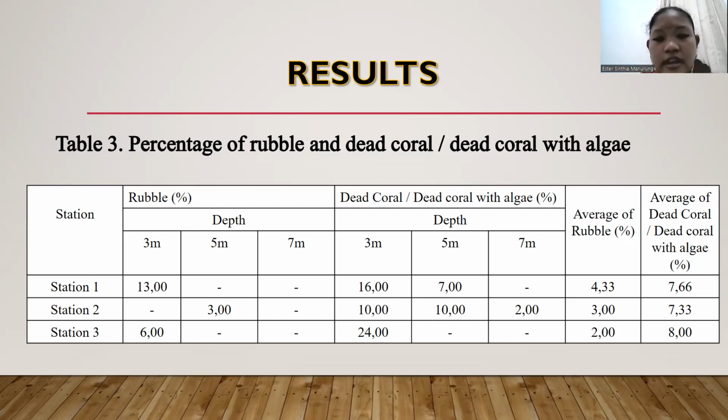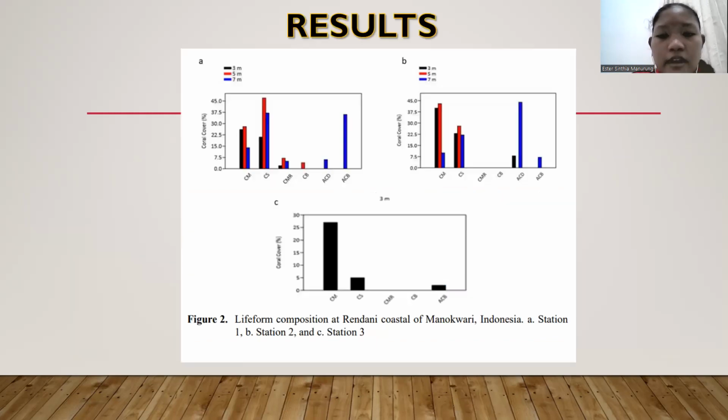In the next slide of results, there is a bar graph of the various compositions of coral life forms.